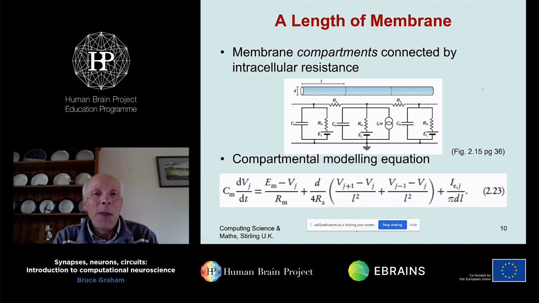So that's just a single compartment. When we join compartments together to get a more complicated model, that just means we have lots of these equations. So now we subscript them with, say, j for compartment j. And so that might be the middle compartment here. We have j plus 1 and j minus 1 compartments, which we join together as well by an axial resistance Ra.